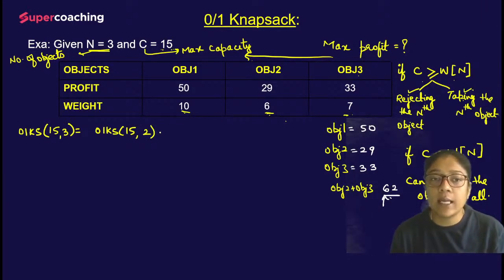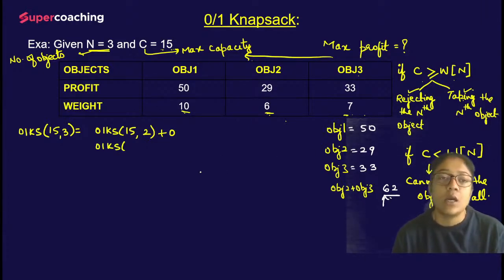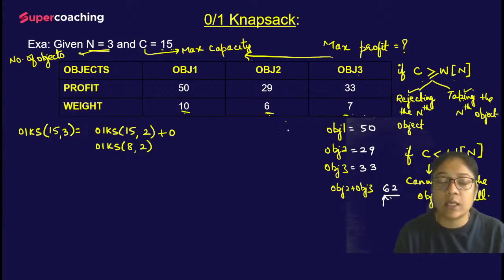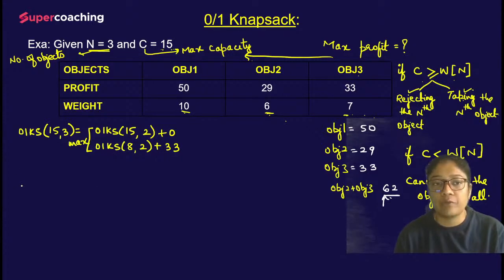Since the object was not taken, obviously no profit will be assigned. And if the object is taken, then its weight will be considered: 15 minus 7 is 8. Now consider the next object. If the object is taken, we get the corresponding object's profit, and we have to get the maximum profit out of it.